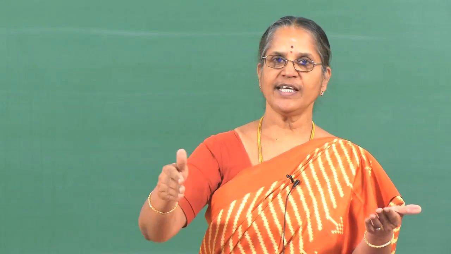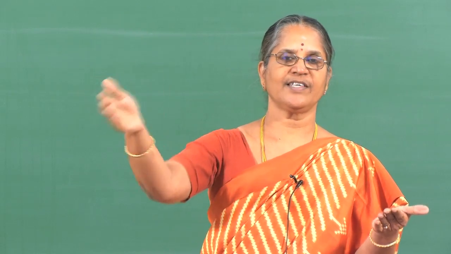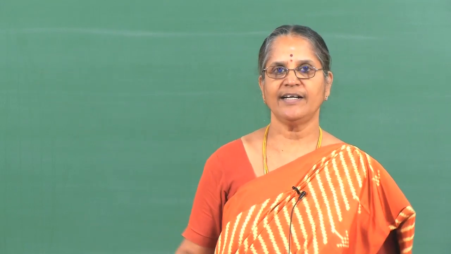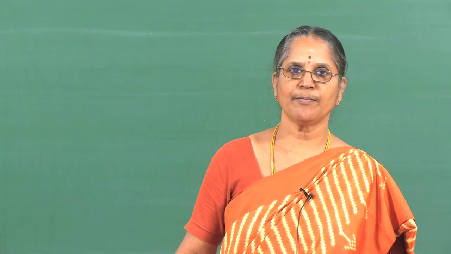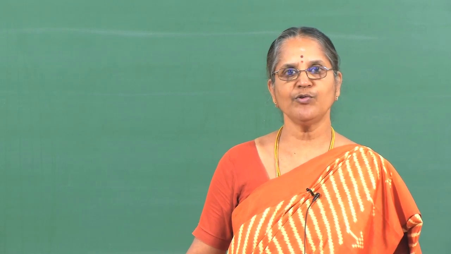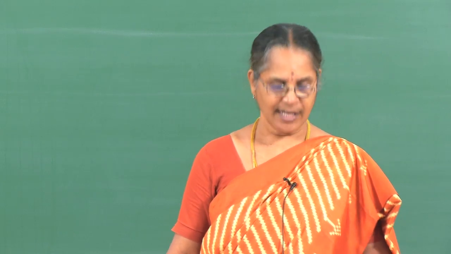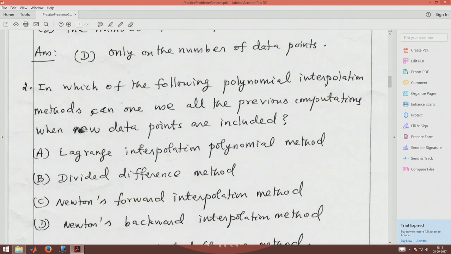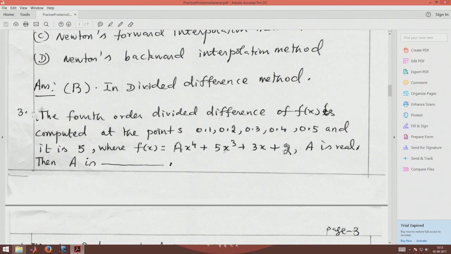So, substitute the x value as the x coordinate of the new point that is given and the y value as the function value that is specified and determine a, and you now have a cubic polynomial which interpolates the given data where you have used the computation of P2 of x which you have already done. So, it is in the divided difference formula that you are able to use the previous computation. So, you write the result is B, that is, the divided difference method.